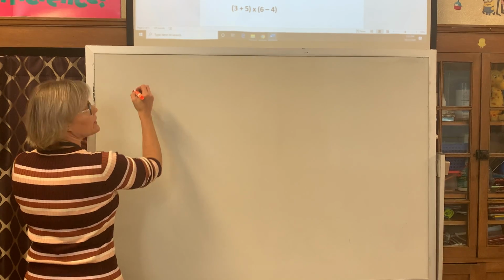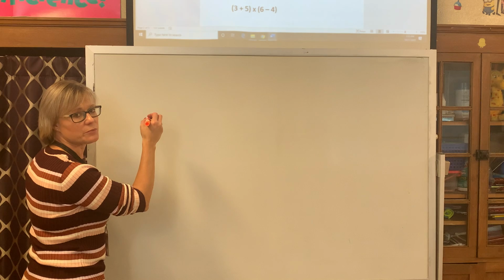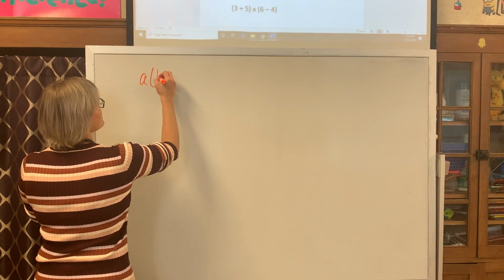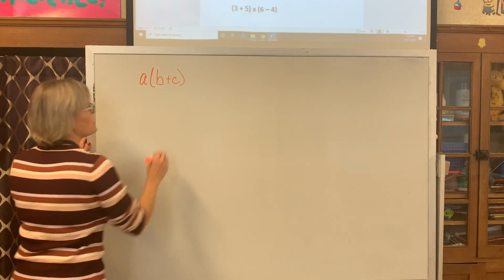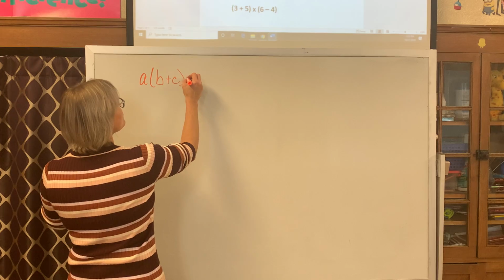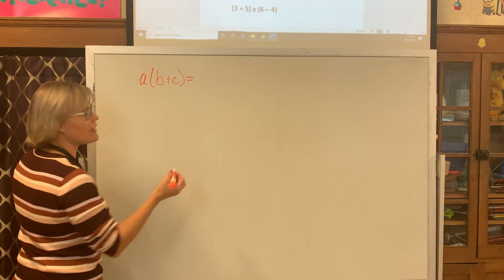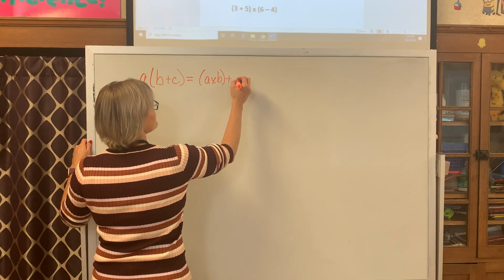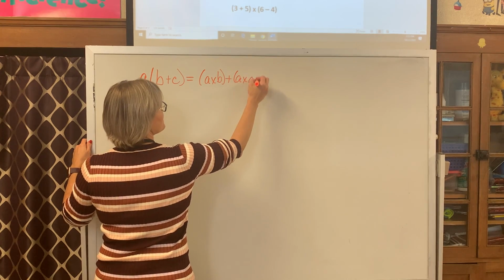It's going to look familiar to you from the distributive property that we just did. We have A times (B plus C).